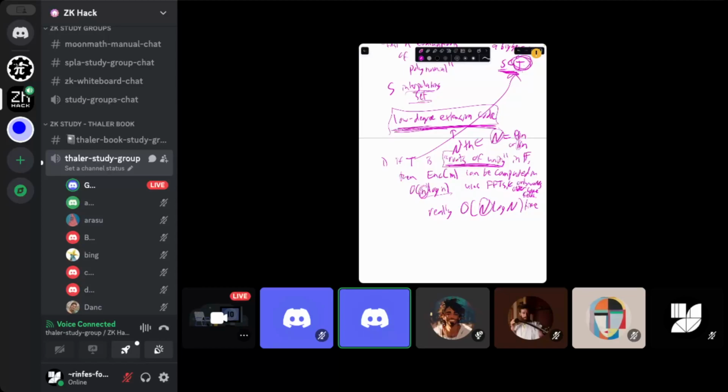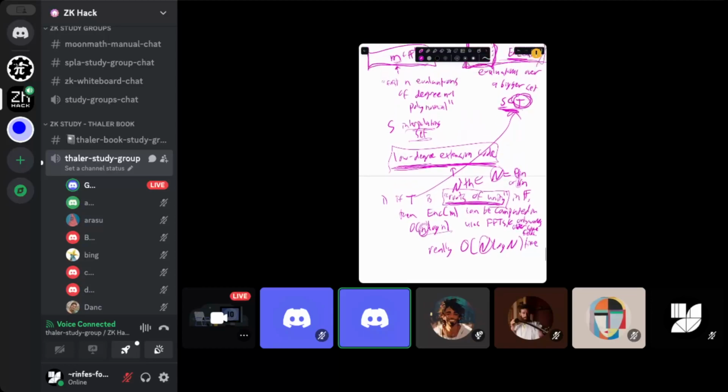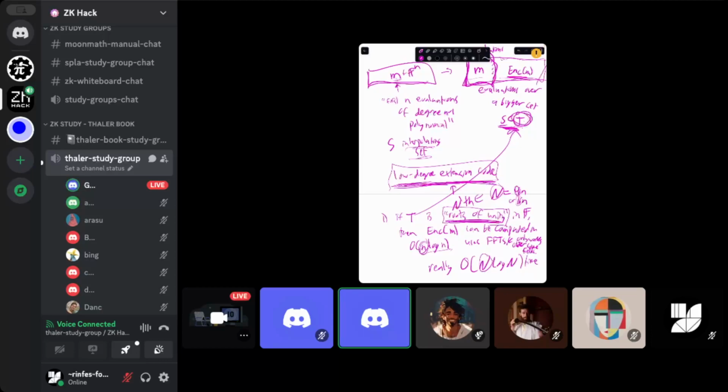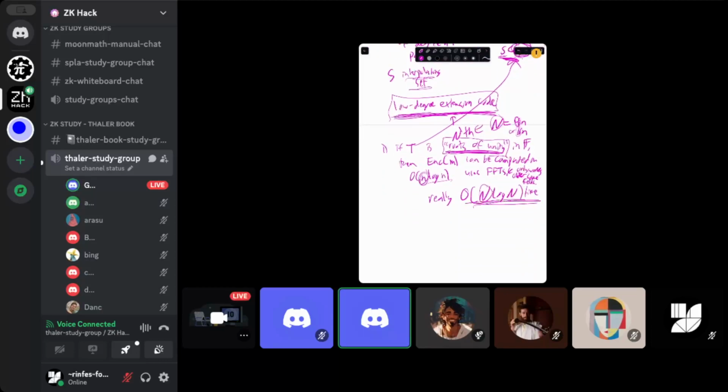Some fields just don't have a nice set of roots of unity. So that means, like in FRI or Lagrange, when the prover actually does need to compute the low degree extension encoding of M, it can do it in quasi-linear time, n log n time. Okay, so Reed-Solomon encoding is efficient.